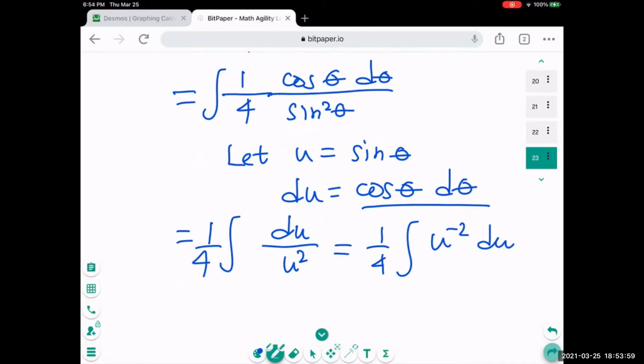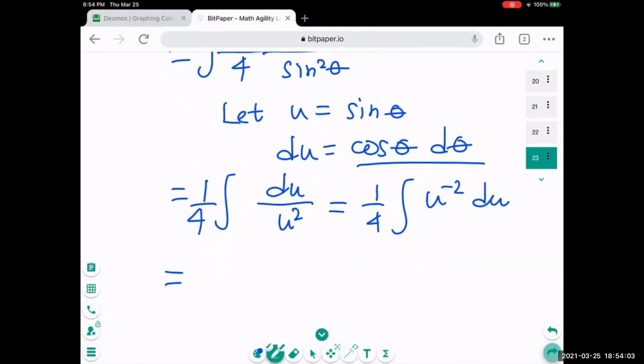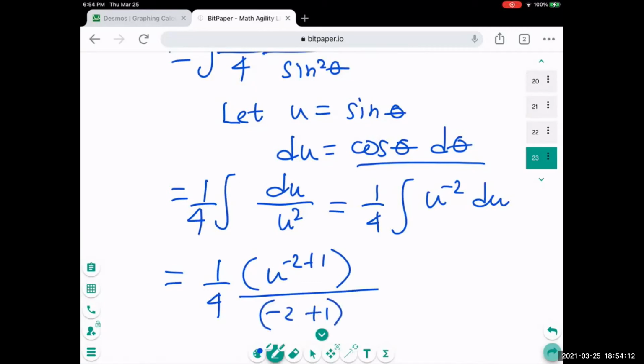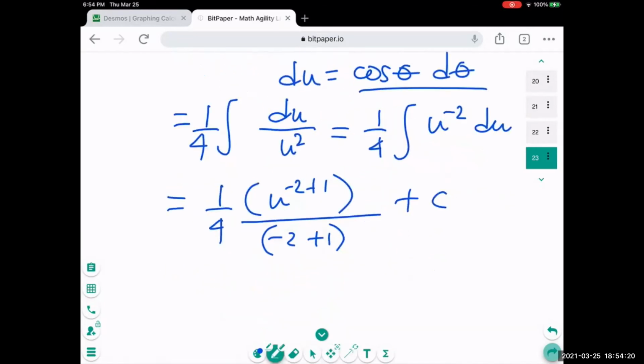So we can integrate this. 1/4 times u to the negative 2 plus 1 over negative 2 plus 1, plus c. So negative 2 plus 1 is negative 1, so we have a negative 1/4.